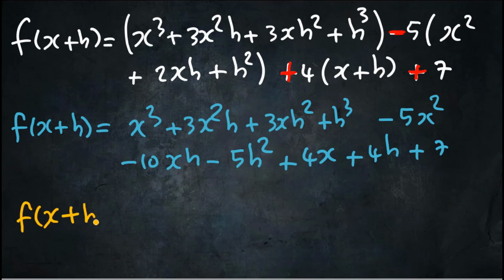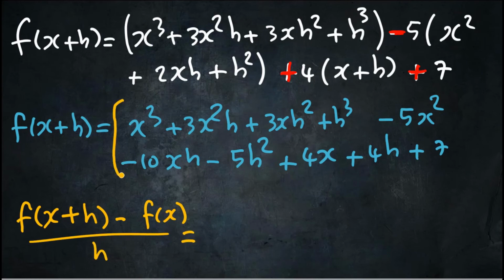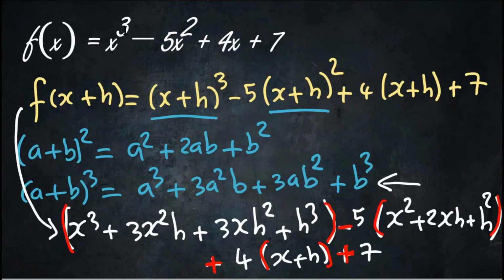And now we want to do f of x plus h minus f of x over h. So we take this and subtract f of x. f of x is x cubed minus 5x squared plus 4x plus 7.